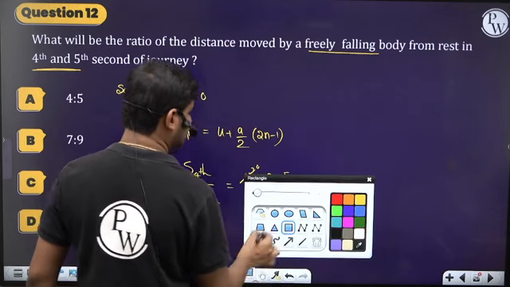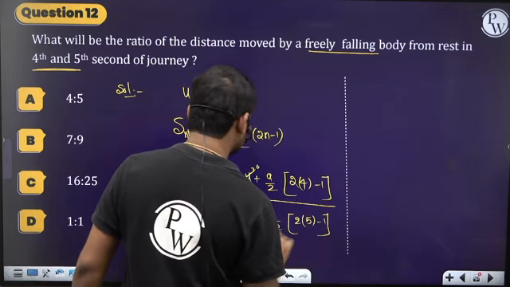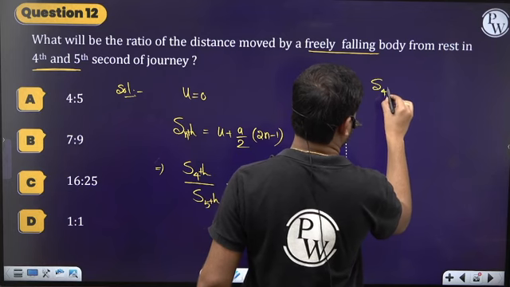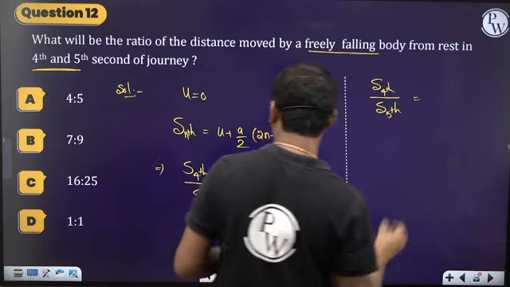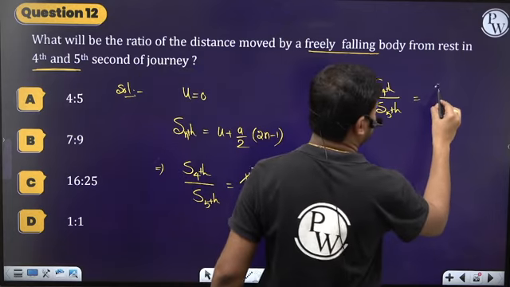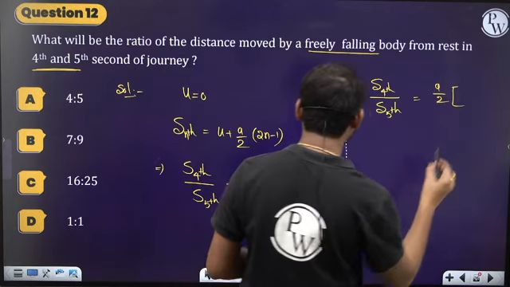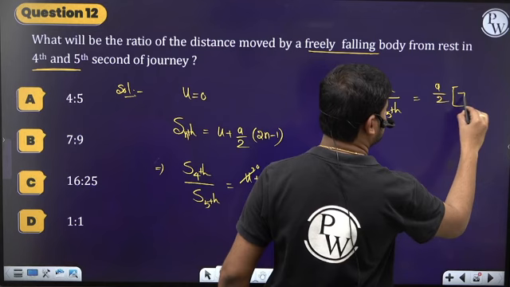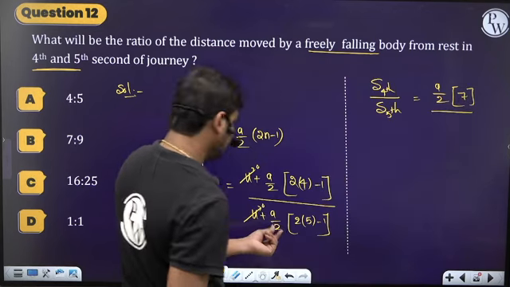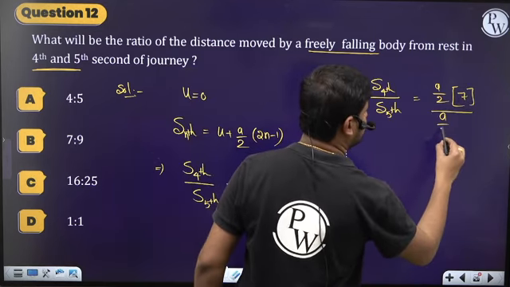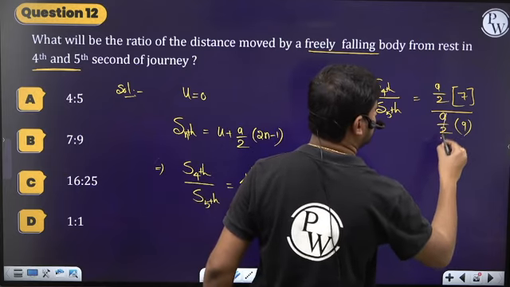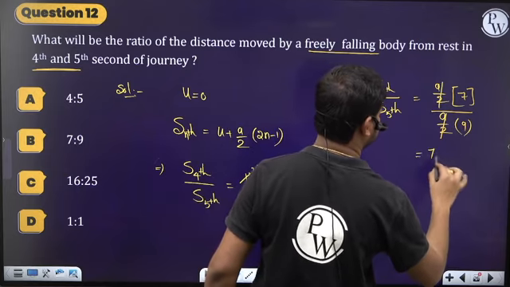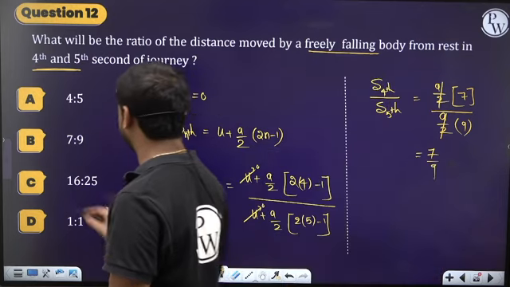So s fourth to s fifth will be equal to a by 2 into 8 minus 1, that is 7, by a by 2 into 10 minus 1, that is 9. So a by 2 cancels, and it is going to be 7 by 9.